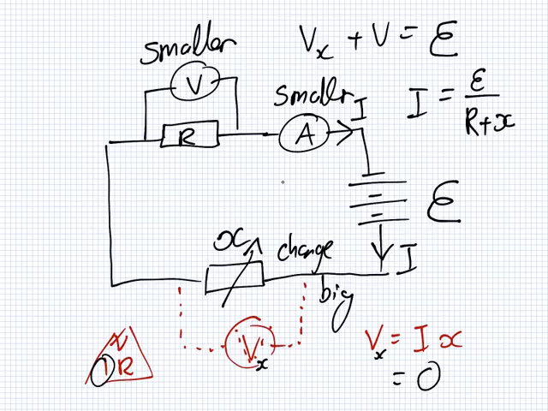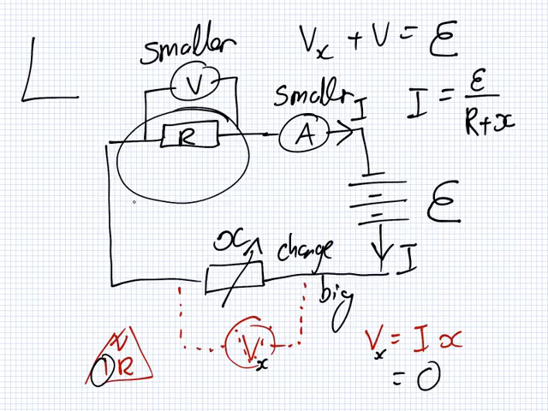So my point is, as I change the resistance, the V's and I's will get bigger together as they get smaller together. So they move together. So if you were to make a graph, as the V gets bigger, the I gets bigger. Or as the I gets bigger, the V gets bigger. They both get bigger together, or they both get smaller together. And this is an important graph for the resistor.